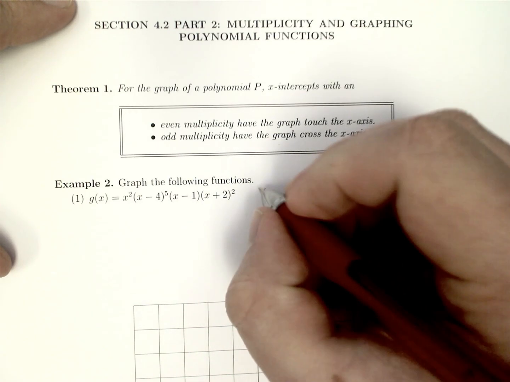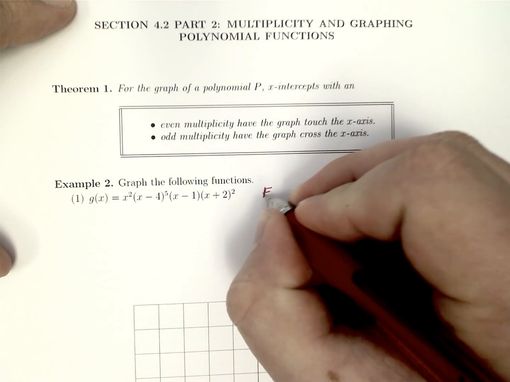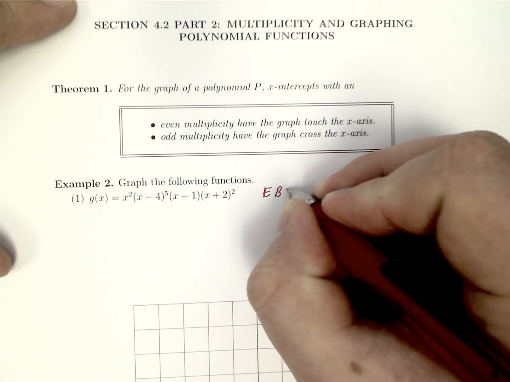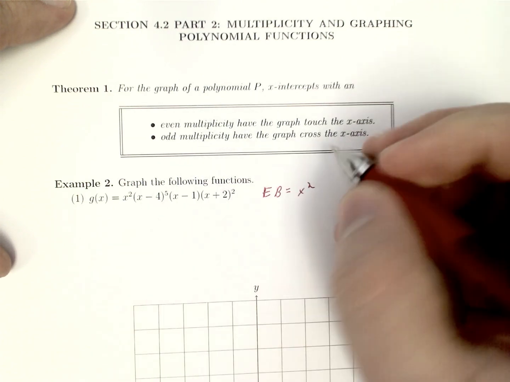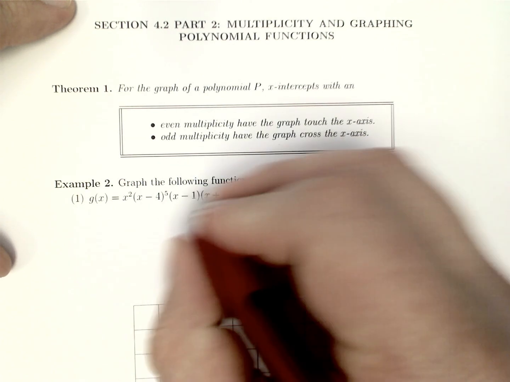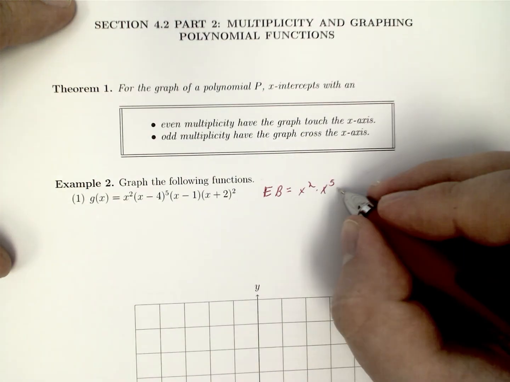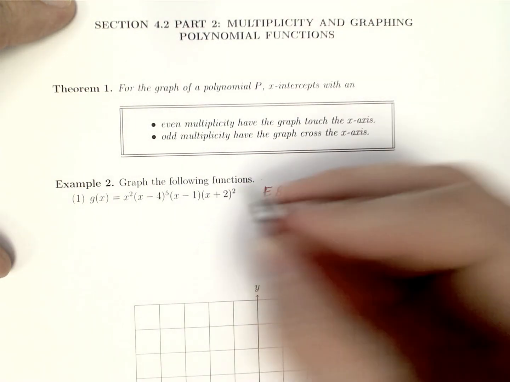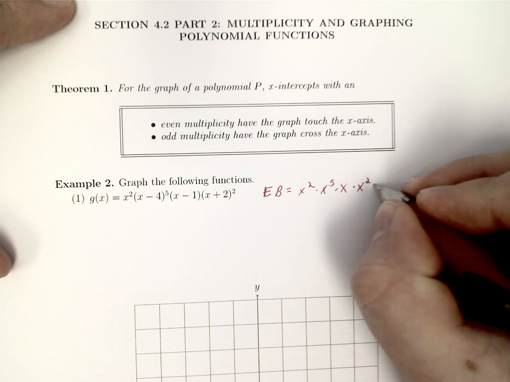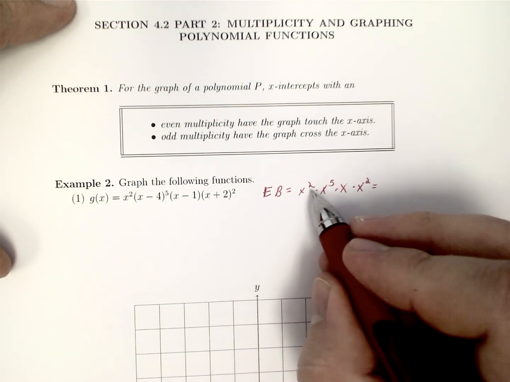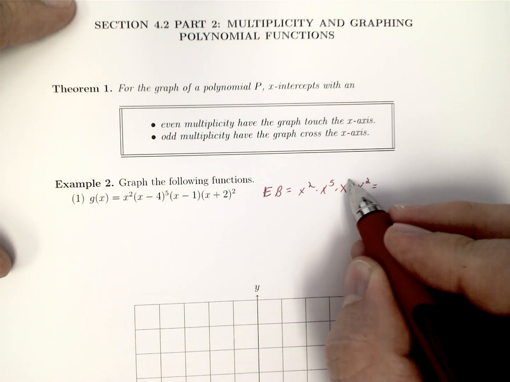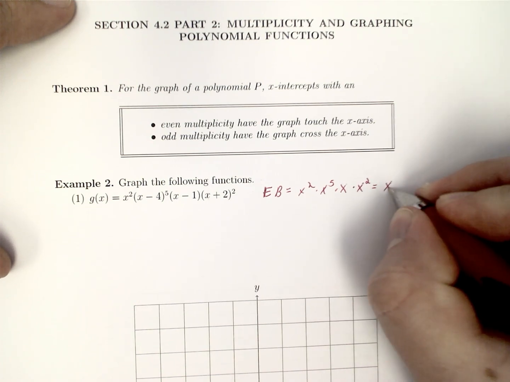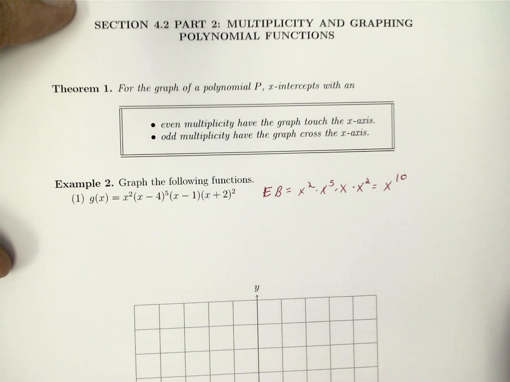The end behavior is given by x squared times x to the fifth times x to the first power, or just x, times x squared, which is 2 plus 5 plus 1 plus 2, so x to the 10th will help us determine end behavior.